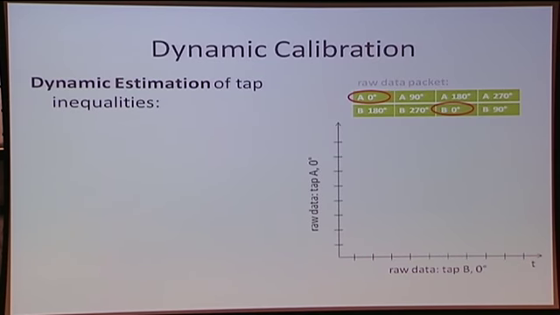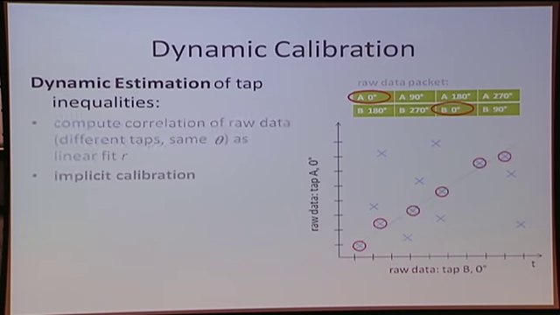and these pairs are then used to compute the correlation. In this plot you can see all possible pairs of measurements performed with tap B at a given measurement angle and tap A. These are all possible measurements of an arbitrary sequence, and now we detect these pairs of the static subsequences and perform the calibration by fitting a linear polynomial to these pairs.